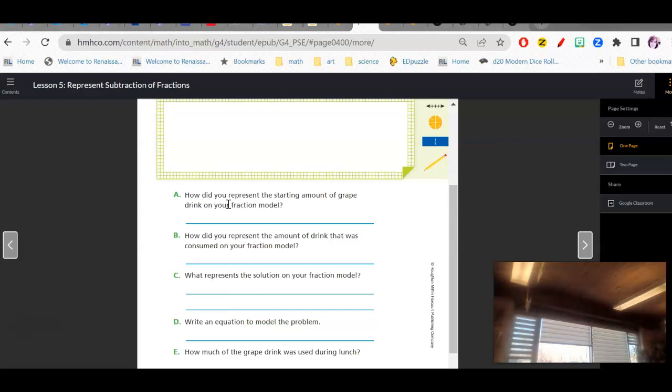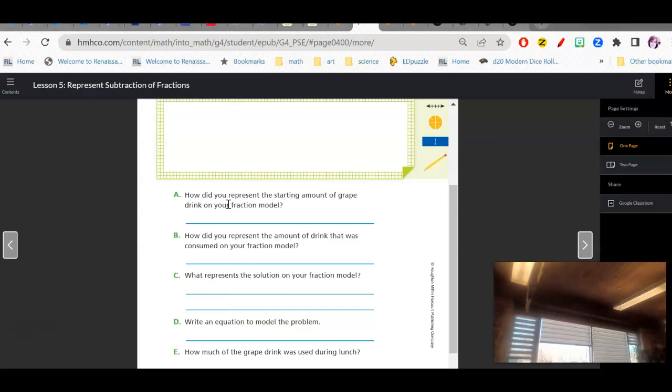And then the other day when we were working on this, with our equations, we would cross out the amount for the next part of it, right? So we had our 9/10 shaded in, right? And we are going to cross out, how many are we going to cross out? 3.